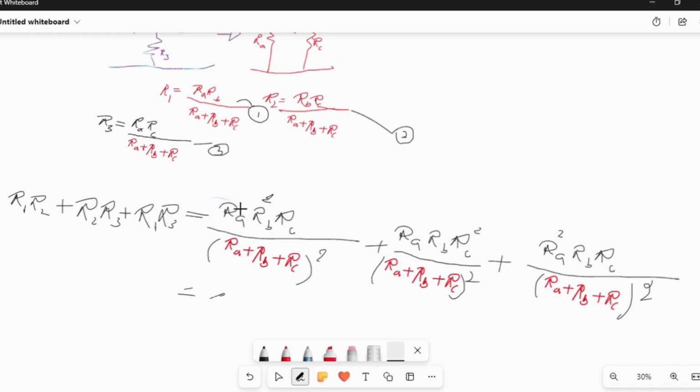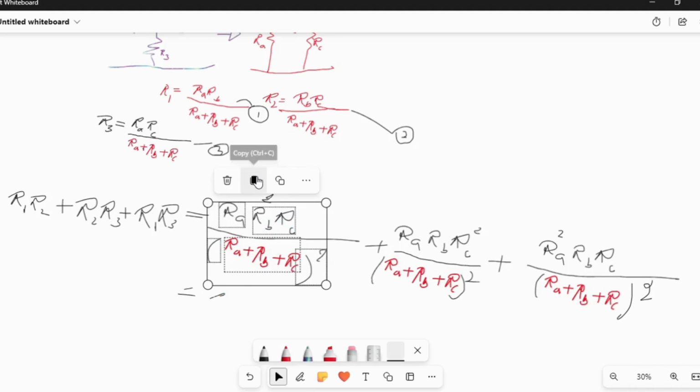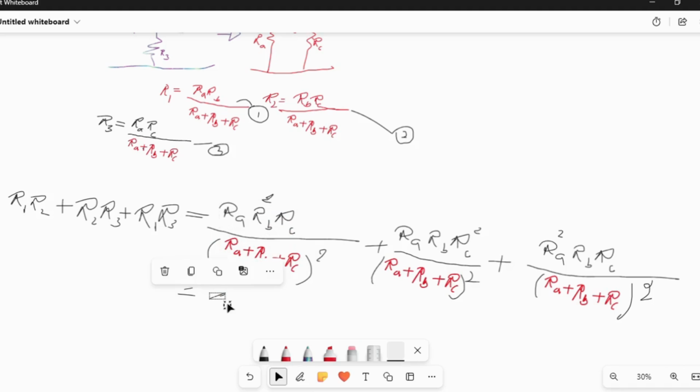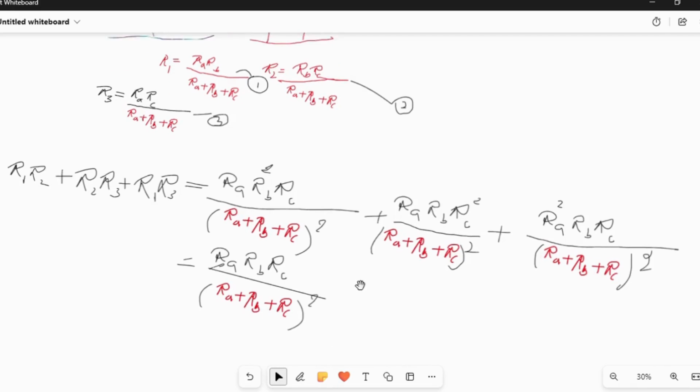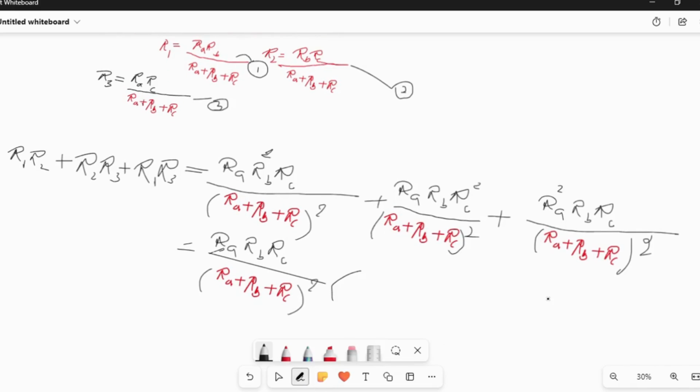Then I will take this factor outside. This is RC. So I took the factor outside, and then what will be inside the brackets: RA, RB, RC. If I take it out, then here RB remains, here RC remains, here RA remains.